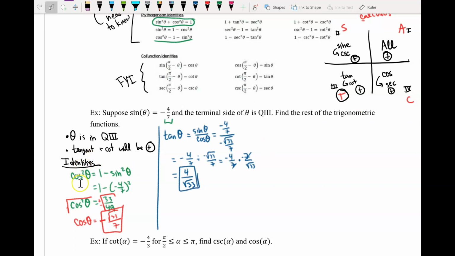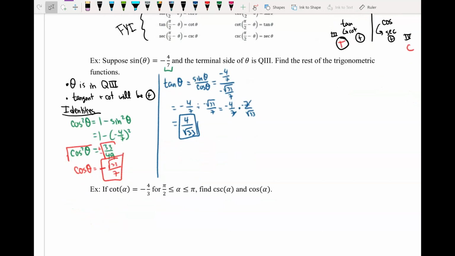Now that we have sine, cosine, and tangent, I can easily find cosecant, secant, and cotangent. Because remember that cosecant is just going to be the reciprocal of sine. So all I'm doing is just flipping this guy. So this will be negative 7 over 4. Secant is just flipping the cosine.